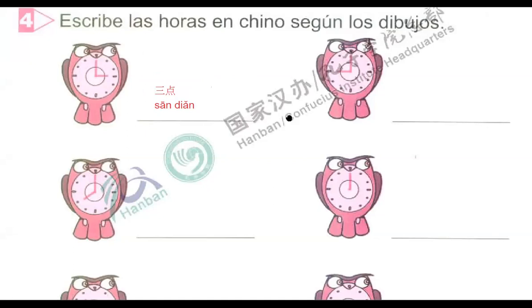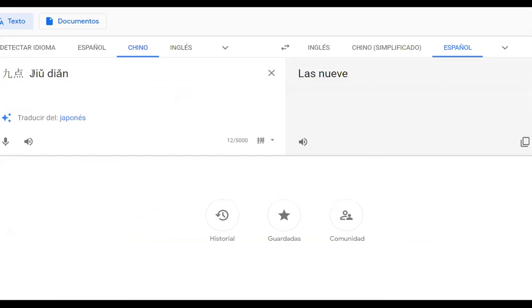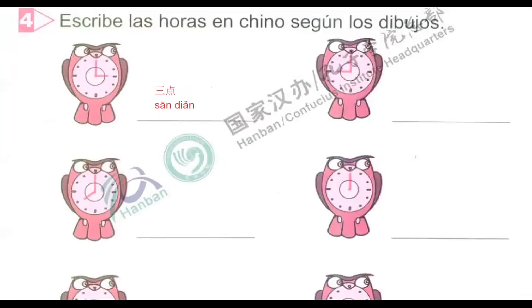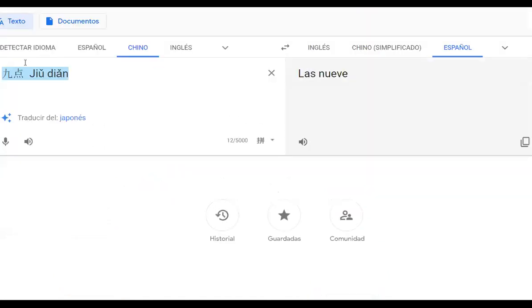Now we have this one. This is 9 o'clock. So remember, 9点. And I'm also going to write here the pinyin for you. So here we have 9点. And next we have here 8 o'clock.